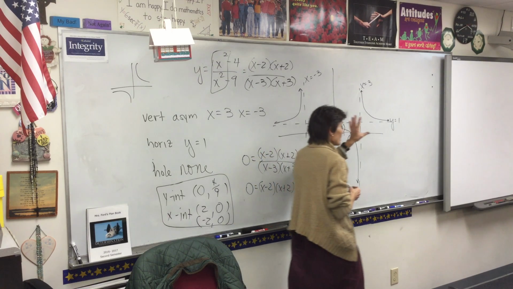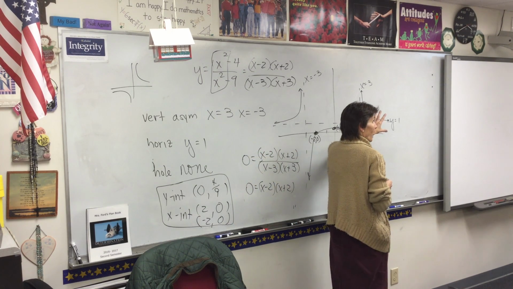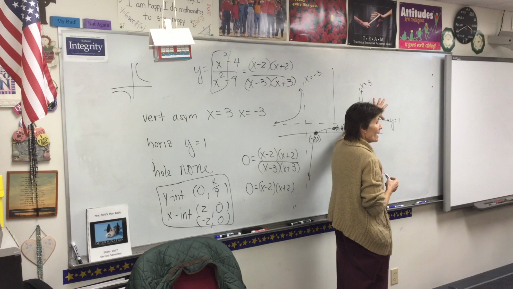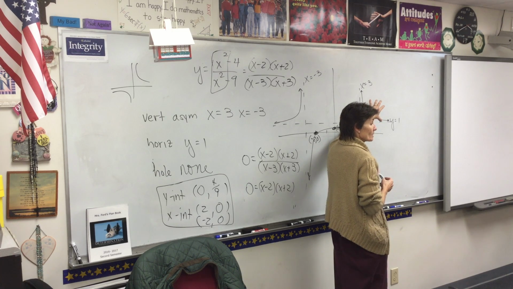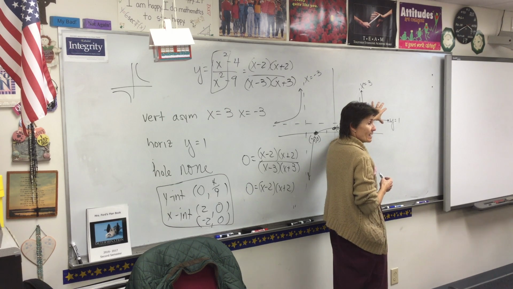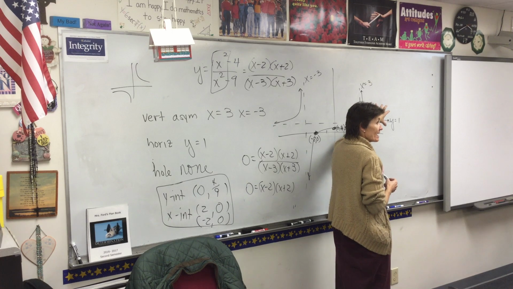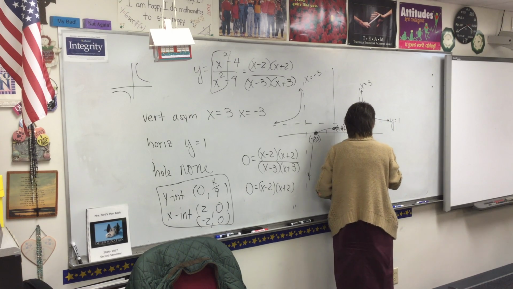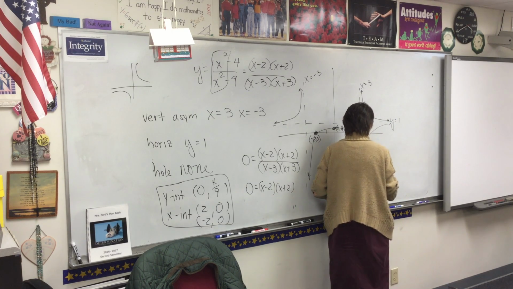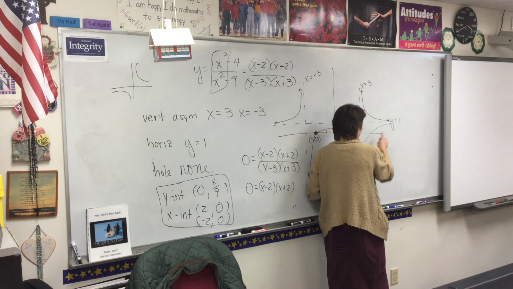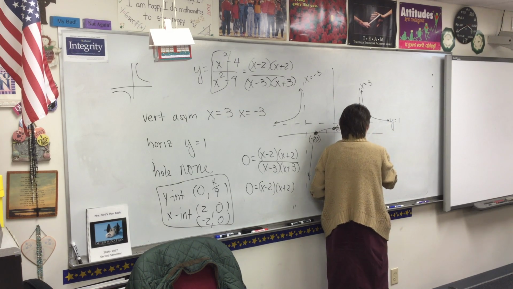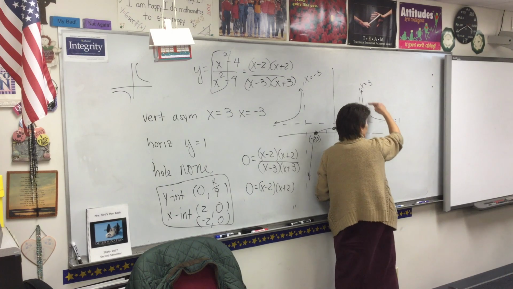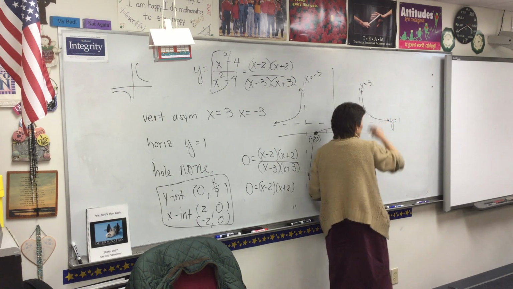So I want you to think about over here, I have to approach my asymptote. But I can't cross the axis. Think about that. What would happen if you drew it down here like this? That would be a possibility, but what would happen? Yeah, not allowed. So my only option is this.